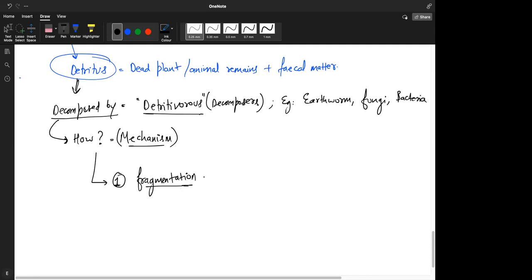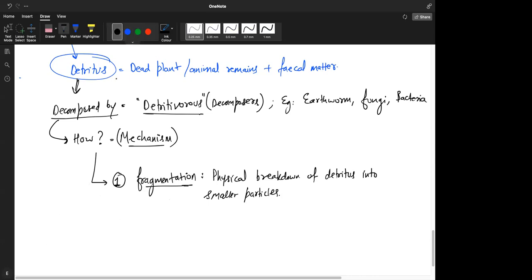Write down. Fragmentation is physical breakdown of detritus into smaller particles. Make sense?